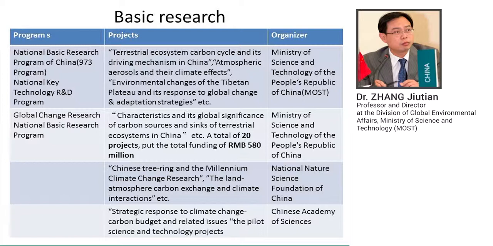In basic research, besides the ministry, the National Natural Science Foundation of China also supports basic research. In basic research, the funding mainly goes to scientific issue research on the impacts of climate change and adaptation to climate change.